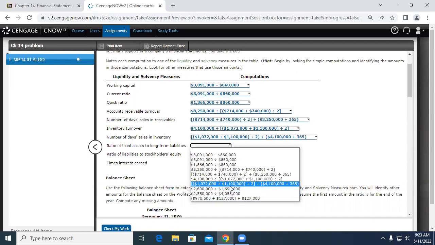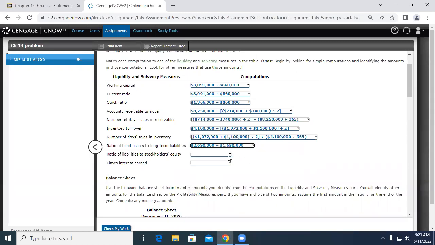So we have long-term liabilities in the denominator. And then for the next one, ratio of liabilities to stockholders' equity, we would have the total liabilities in the numerator.